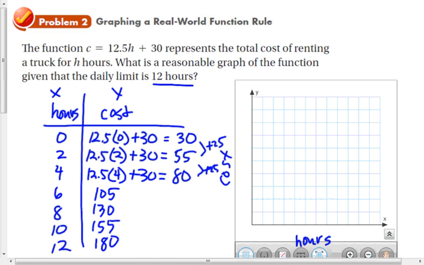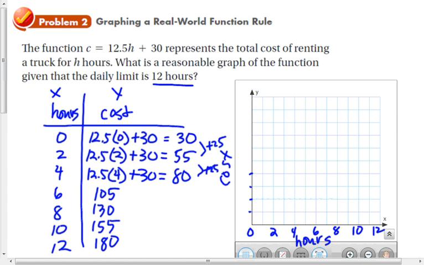And when I graph those, since it's going up by a constant amount, I know that it's going to be linear. So I'm just going to graph a couple of these and then use the idea that it's linear to help me get the rest of it. So I'm going to put these hours here. And for my cost, there's 10 segments here, and I need to get all the way up to 180.